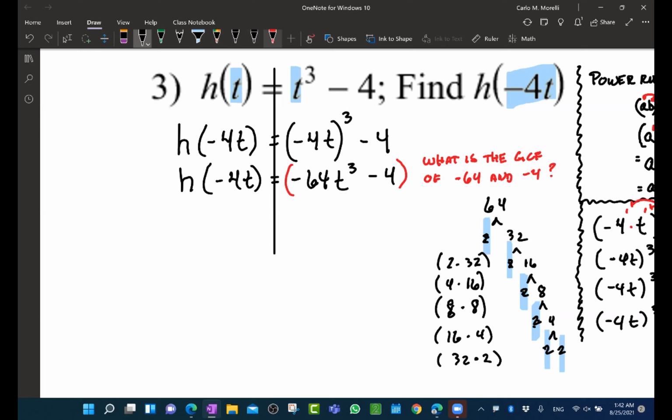And so what I want you to do is factor out a negative 4 from this problem. So draw a division bar or fraction bar underneath both of these terms and put negative 4, negative 4.